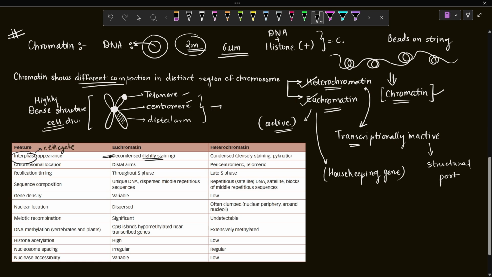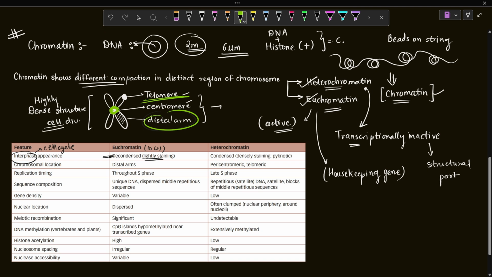So if you see some lightly stained, decondensed structure, it is for sure, 100%, euchromatin, and if it is highly dense, it is heterochromatin. The chromosomal location, as I said, on the distal arms is euchromatin, while on the pericentromeric region, meaning the centromeric region and telomeric region, it is heterochromatin.